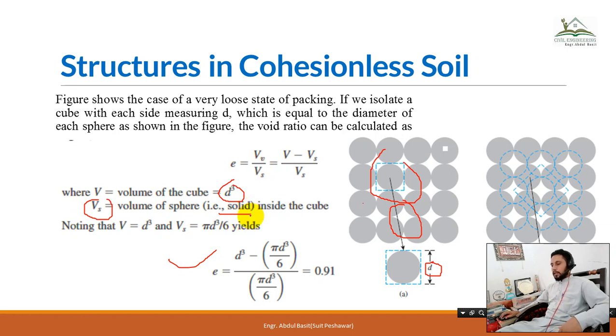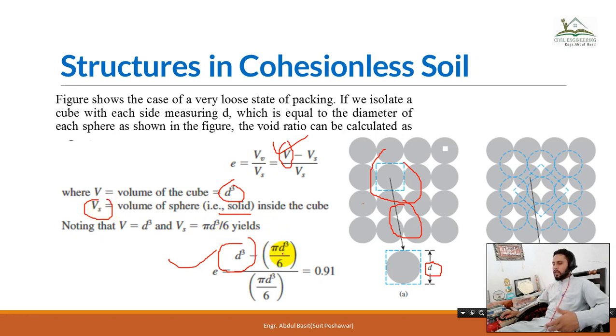Now putting these values in this equation. How can we do it? Total volume is equal to d cube, so we put d cube instead of the total volume. Now put pi d cube divided by 6 instead of the volume of soil solids, or the volume of the sphere.